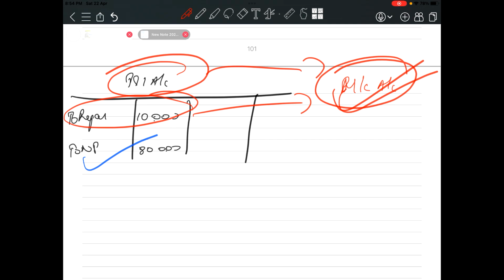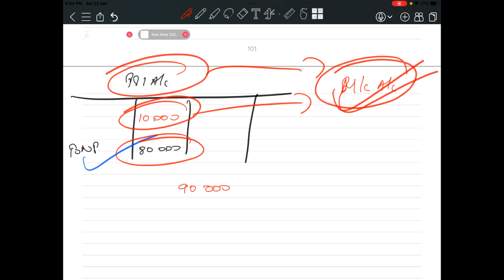So these expenses will either come to P&L account or go to the machinery account, but the question wants us to take it to the machinery account. Now if I capitalize this repair expense, there will be changes in my profit. This net profit of 80,000 came after 10,000 was debited. The gross profit might have been 90,000, and if I deduct 10,000 repair expenses, my net profit is 80,000. Now if I take this to the machinery account, I will have to add this 10,000 back.